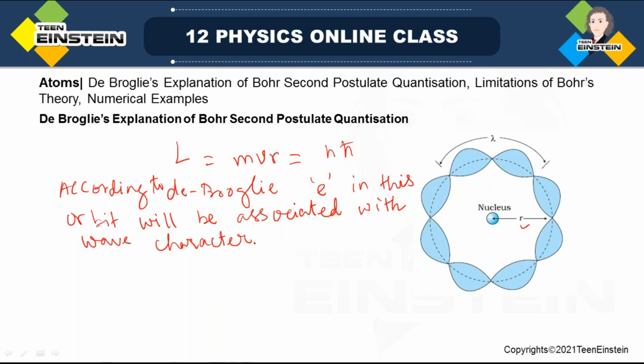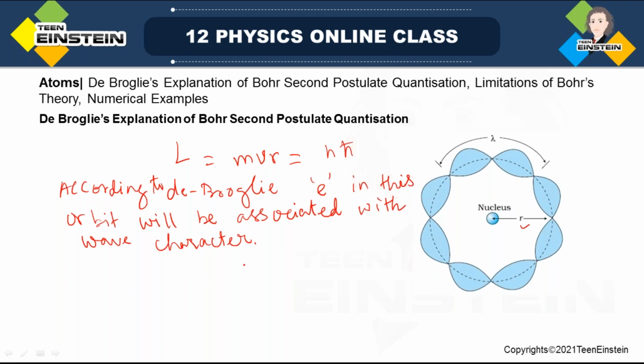If the electron has a wave character, it will actually create a stationary wave in this particular orbit.